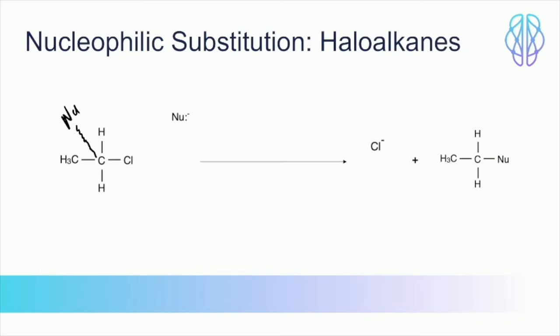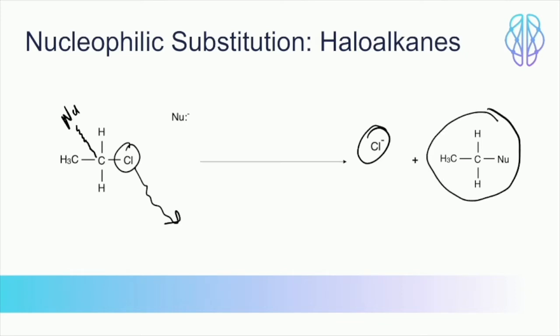And carbon has 4 outer shell electrons, it can't form 5 bonds. So what will happen is, it'll kick off this chlorine as a leaving group. And so you get Cl-, and the nucleophile will take the place of the original halogen. And that is where the crux of haloalkane substitution reactions lies.